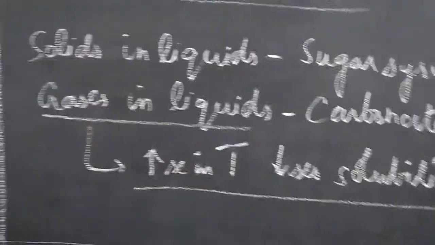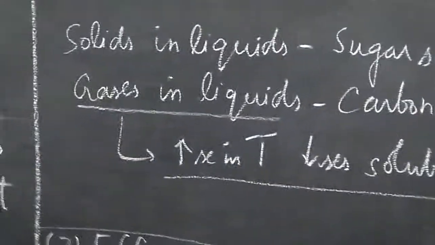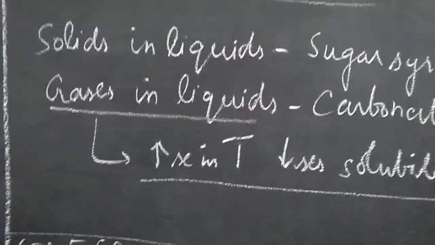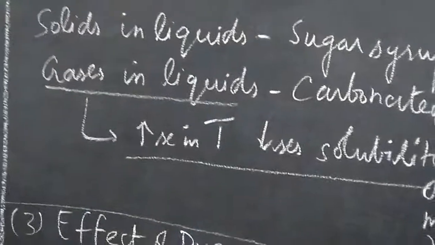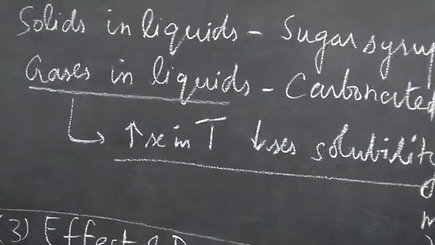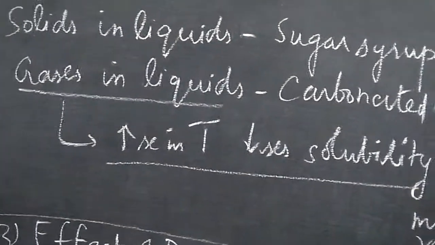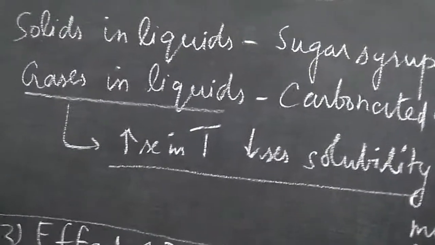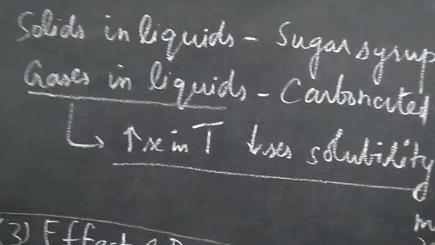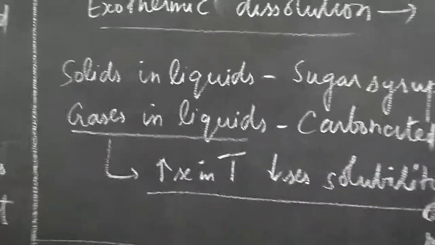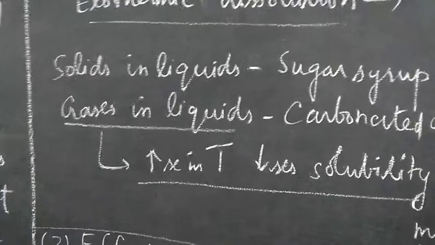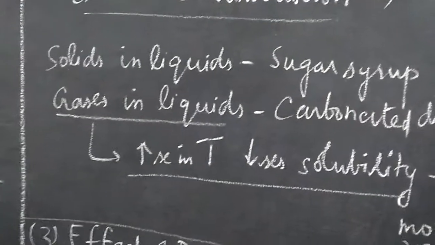Another one, gas and liquid. It is a very, very interesting topic which needs to be mentioned. When you have small water bodies like ponds, lakes, and you take a pond, when the pond is heated, for example in a sunny place, the oxygen that is dissolved in the water of the pond may evolve.